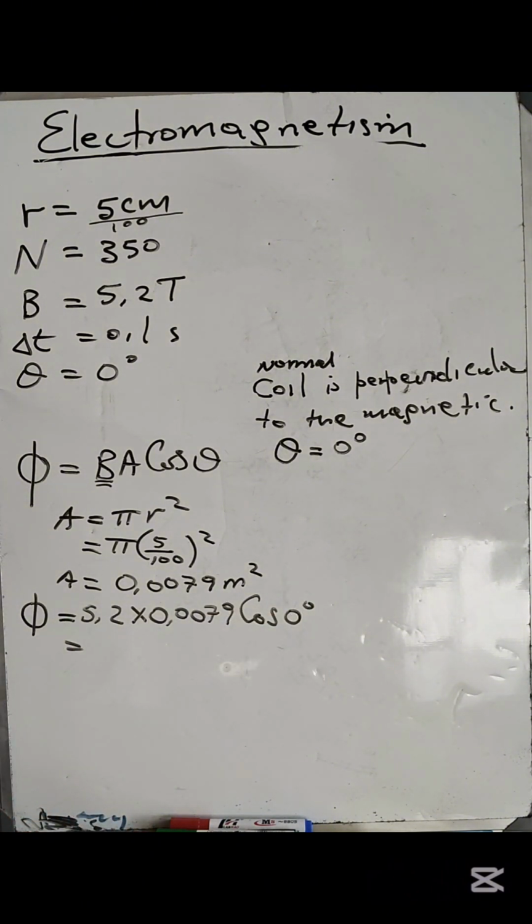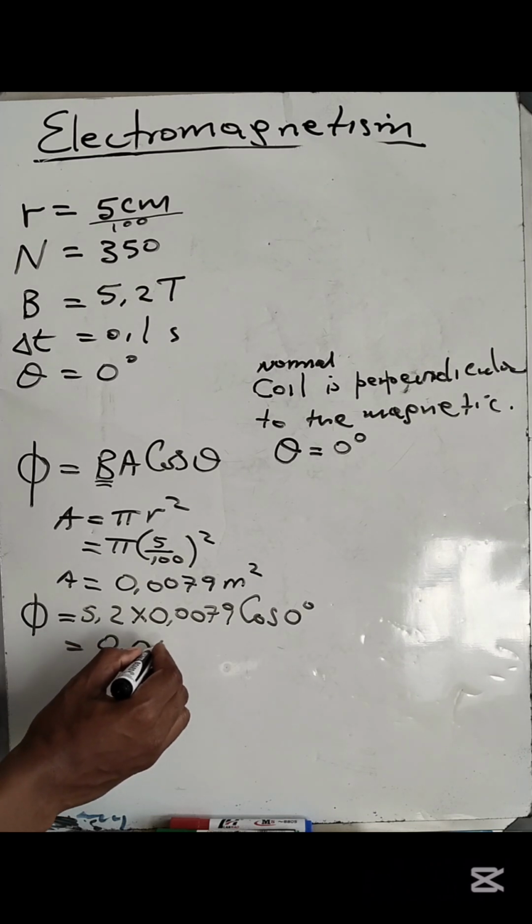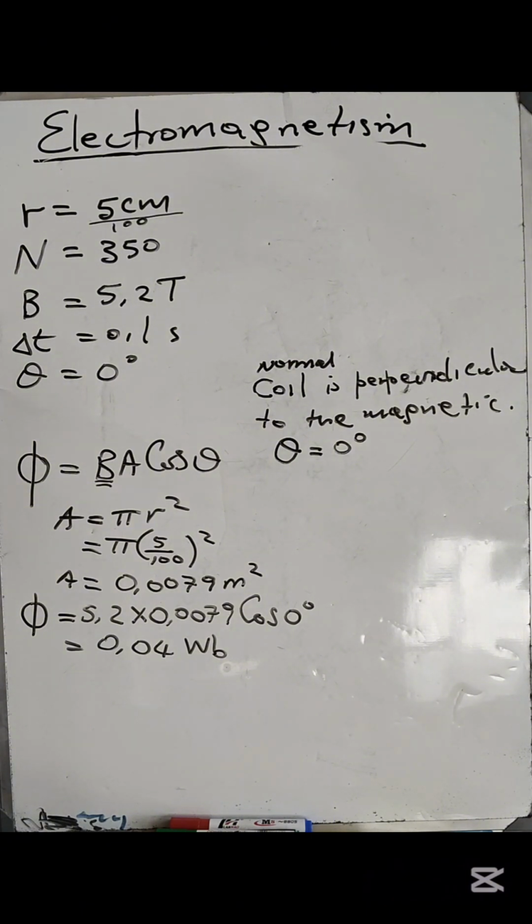Then we press the calculator: 5,2 times that. So the answer is 0,04 Webers. That is the SI unit of the magnetic flux linkage.